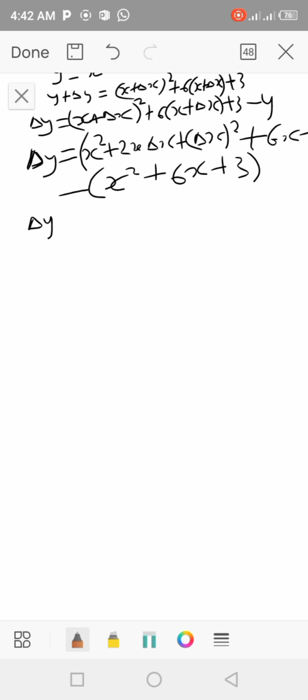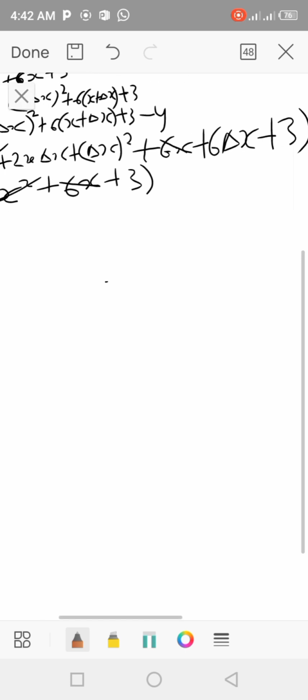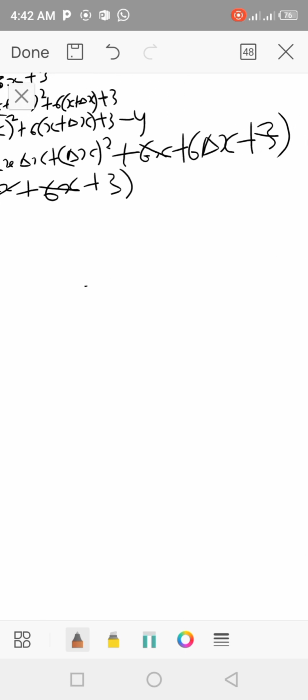Our change in y is equal to x squared; cancel x squared, because x squared minus x squared is 0. Then the 6x right over here cancels out this 6x, and this 3 cancels out this 3.